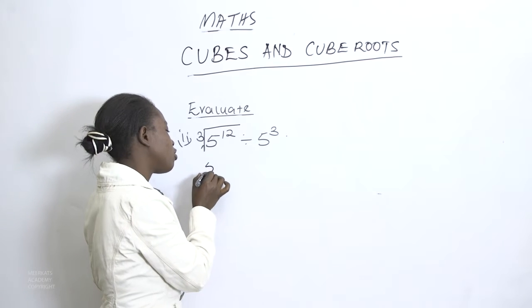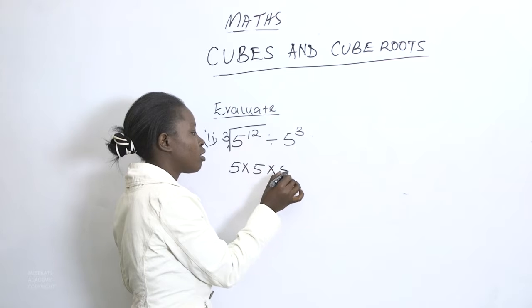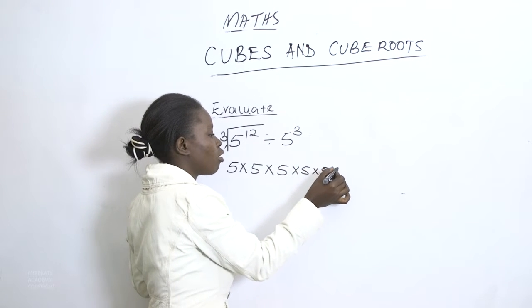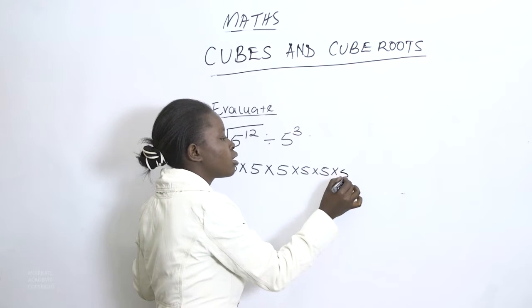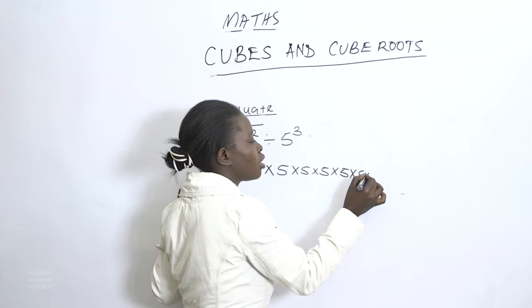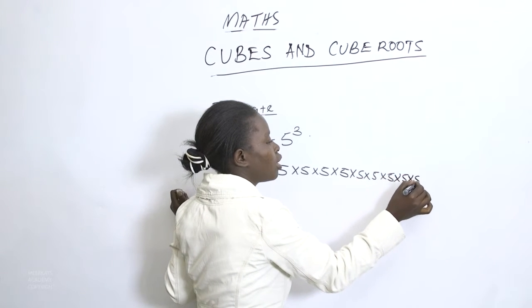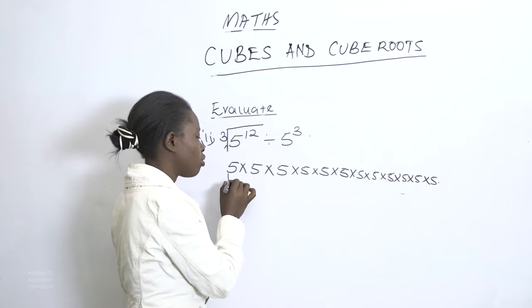So 5 to the power of 12 means that my 5 is repeated 12 times. So 5 times 5 times 5 times 5 all the way 12 times. 1, 2, 3, 4, 5, 6, 7, 8, 9, 10, 11, and 12. So we have the 5 repeated 12 times.